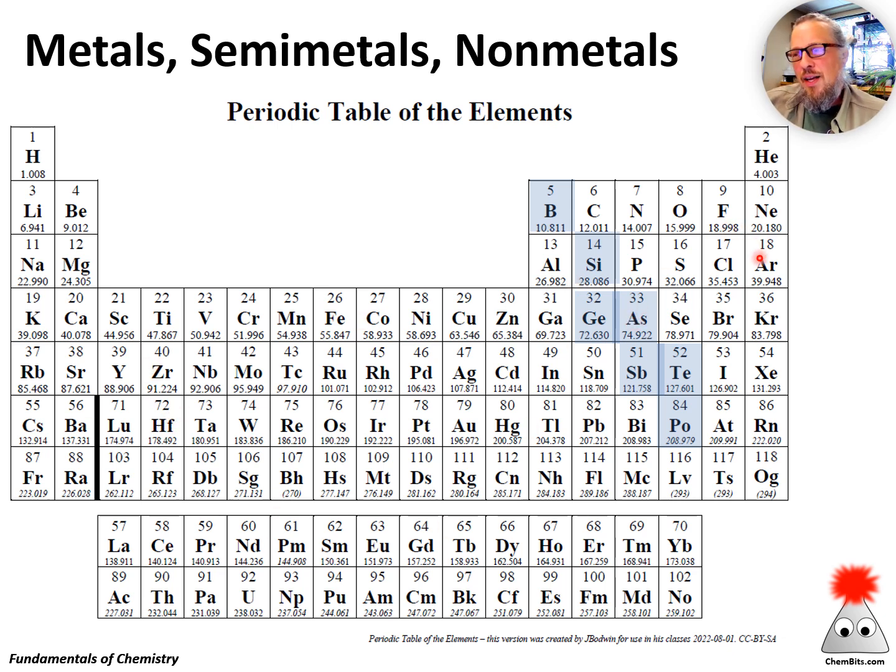On the other side of that dividing line are the nonmetals. These are things that are not metallic. They don't necessarily have a metallic sheen. They're not things that are malleable, ductile, conduct electricity. They're things that might be pretty hard. If we think about something like diamond, a form of carbon, it is very hard.